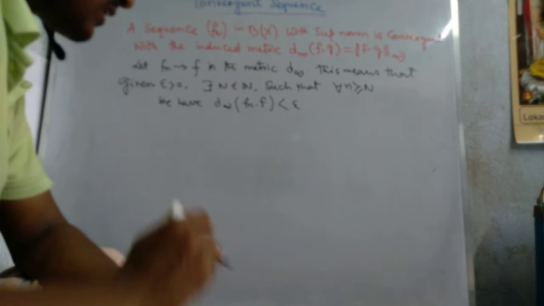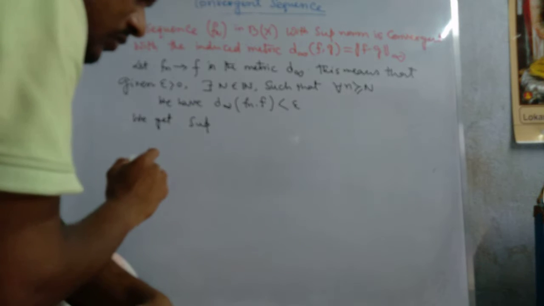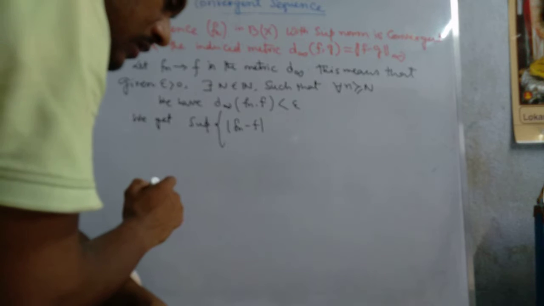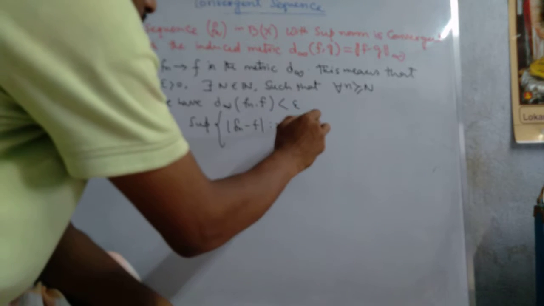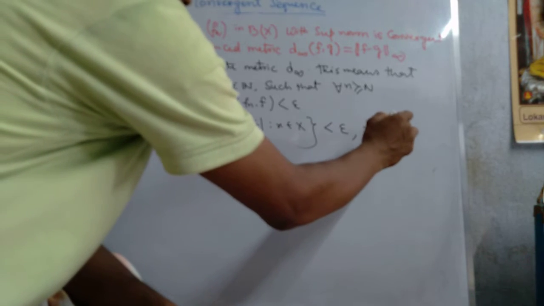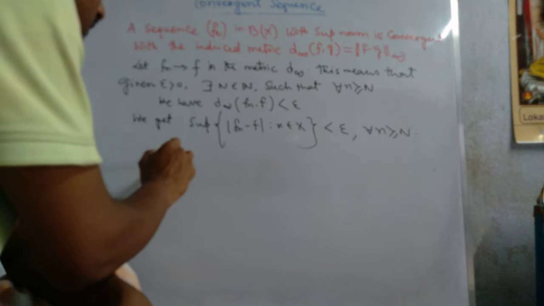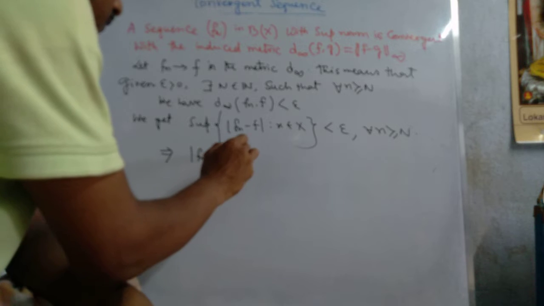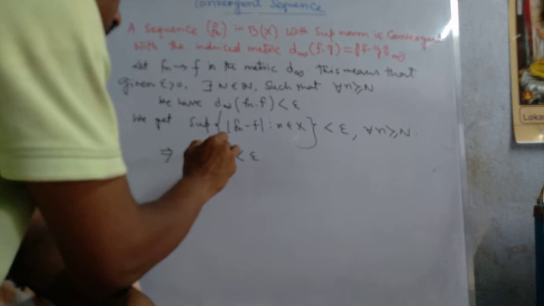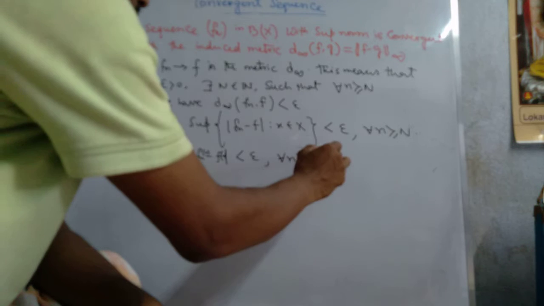Expanding this, we get the supremum of |fn(x) minus f(x)|, x belonging to X, less than epsilon for all n greater than or equal to N. In particular, this implies |fn(x) minus f(x)| less than epsilon for all n greater than or equal to N.